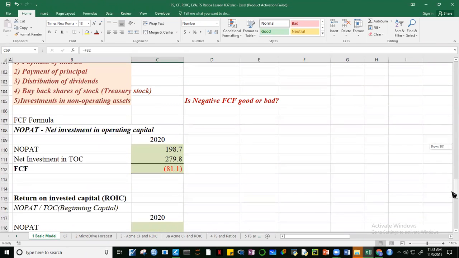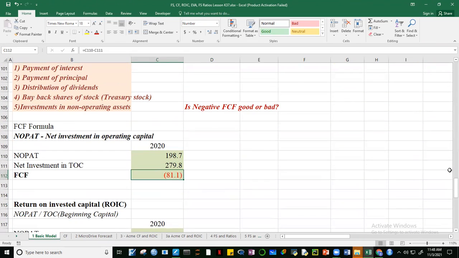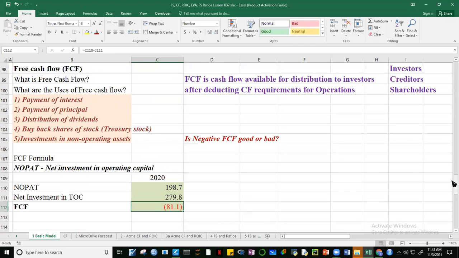So a negative free cash flow, guys, does not indicate that the company is performing badly. It has to have a deeper analysis. In this case, it turns out that the company was heavily investing in their operating capital, and that's good because it is a signal that the company expects an increase in demand for their product, an increase in market share, an increase in revenues.